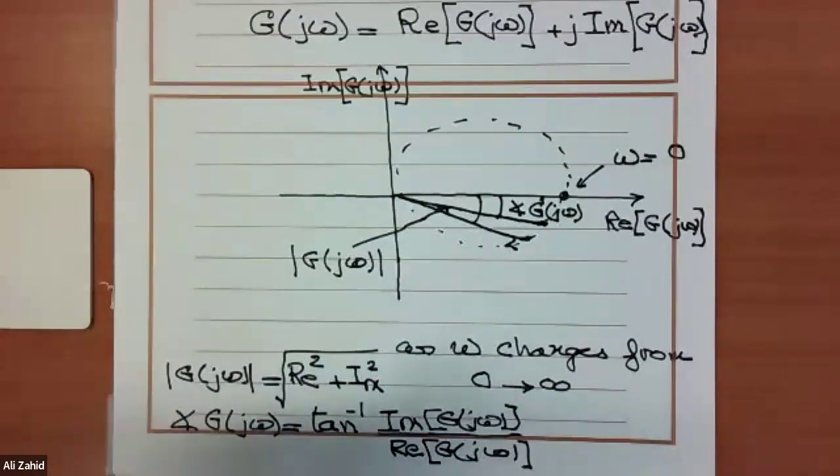This is the Nyquist plot. Now, what is the purpose of the Nyquist plot? The purpose of the Nyquist plot is that it will give us an idea about the stability of the system and the relative stability, which means the phase margin, the gain margin, and so on and so forth.